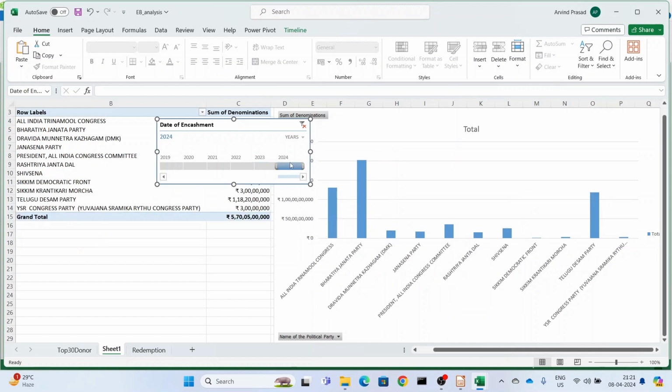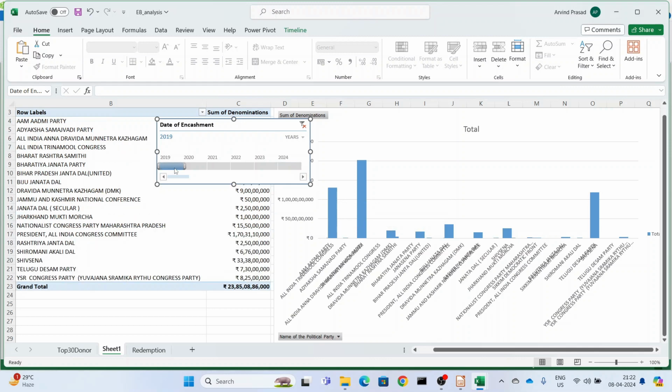And 2024 once again, but 2024 data is something which we shouldn't be worrying ourselves much about because it's not complete. Well, somewhere in February itself, or March to be very sure, it was already decided, yes, the electoral bonds will no longer exist. But still, BJP received a lot, and so did Trinamool Congress.